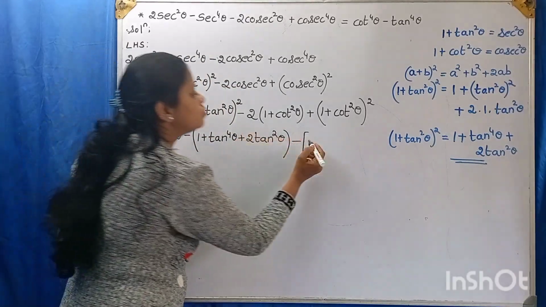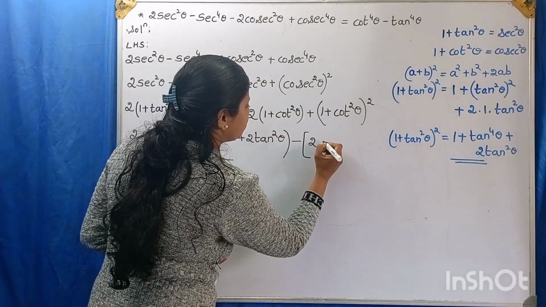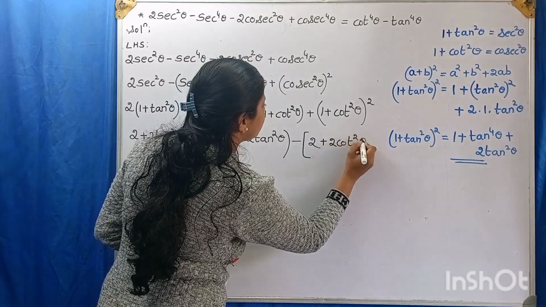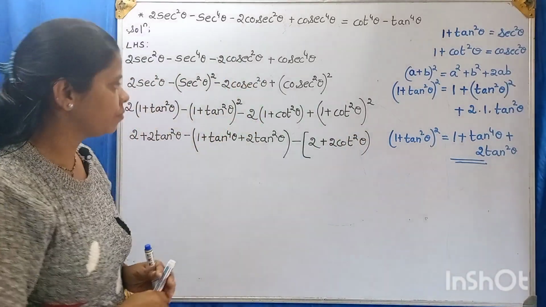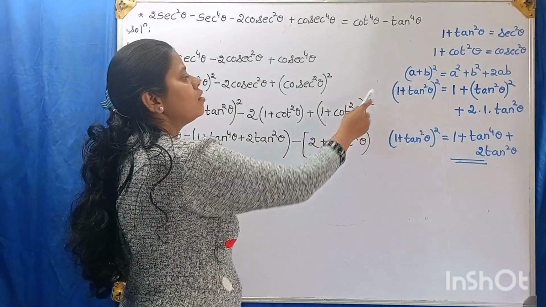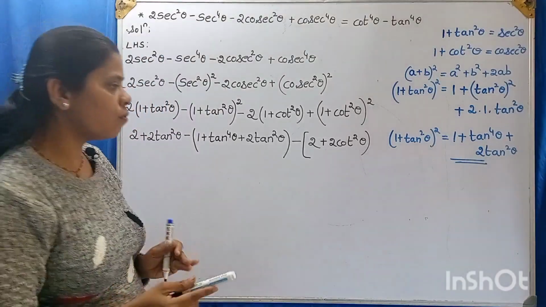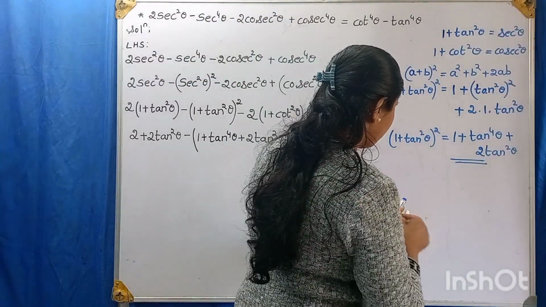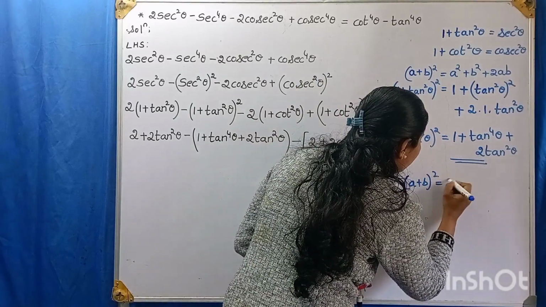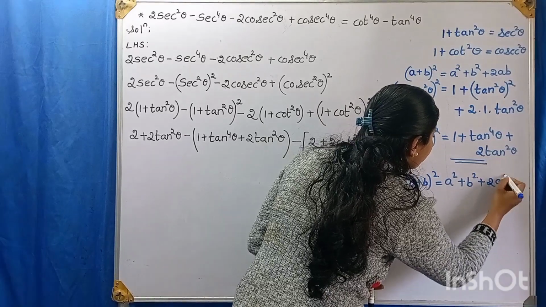2 into 1 is 2. Then 2 into cot²θ. Then look at this. (1 plus cot²θ) the whole square. Again this is in the form of (a plus b) the whole square. We know the formula: a² plus b² plus 2ab.